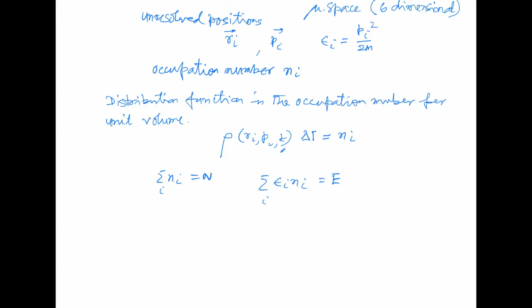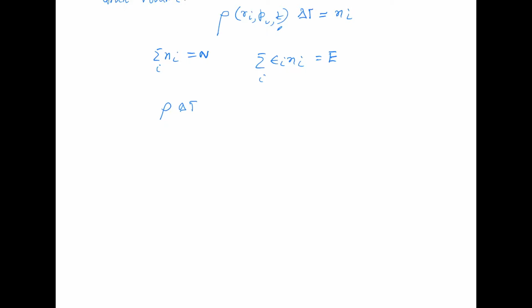The unit for the phase space volume delta tau we have so far kept arbitrary. This does not lead to any ambiguity when rho and delta tau appear together, because that will give the number. But when rho appears alone, as in the expression of entropy that we will see later, we will have to attribute undetermined constants so that it may have a meaningful value in terms of entropy.